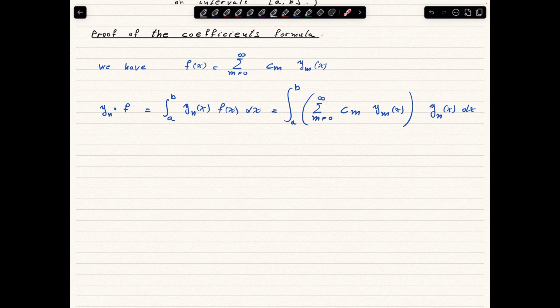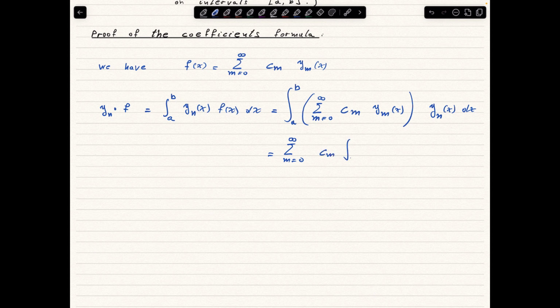Alright, but now I can do the multiplication term by term, so this sum can go outside. So let's put it outside. This is the sum from m equals 0 to infinity. These are constants, so the constant can be written outside.